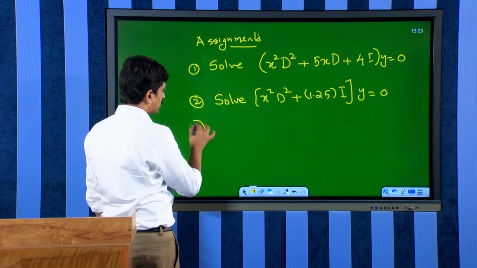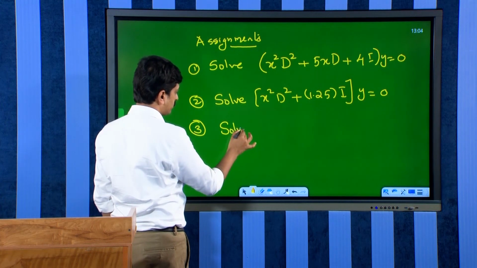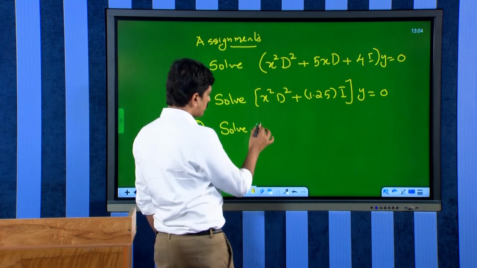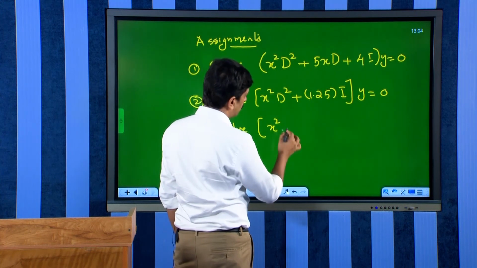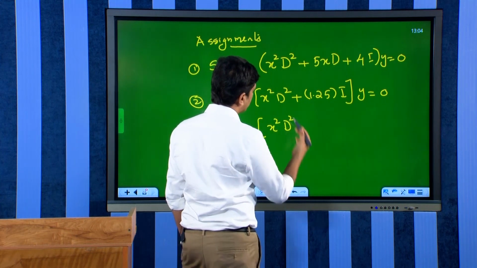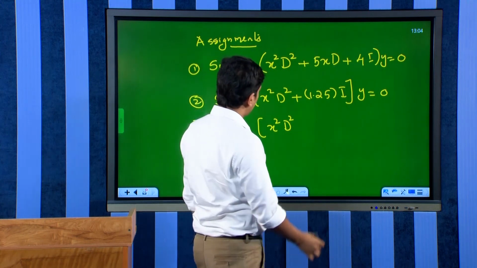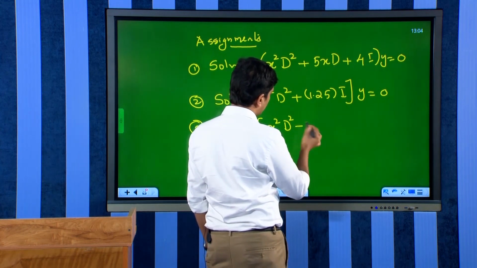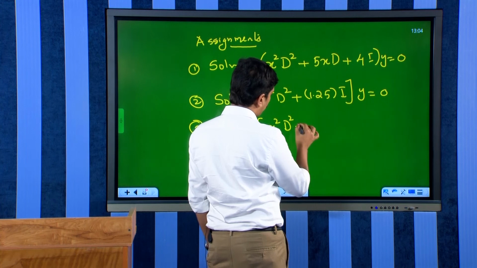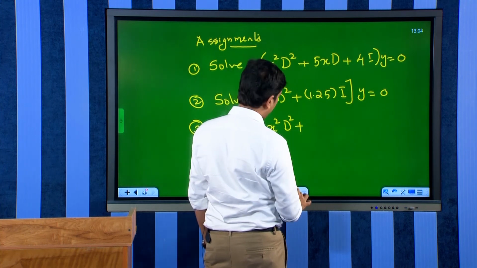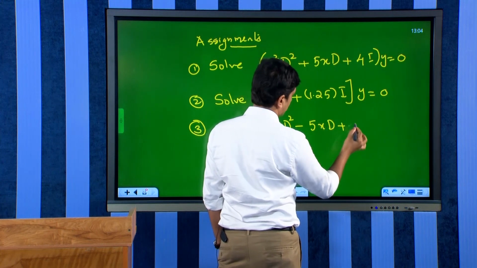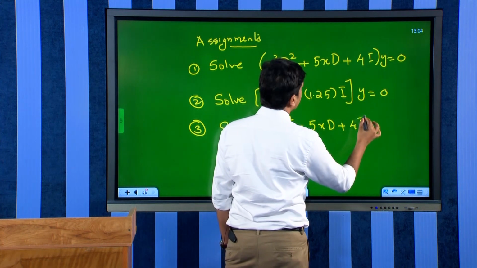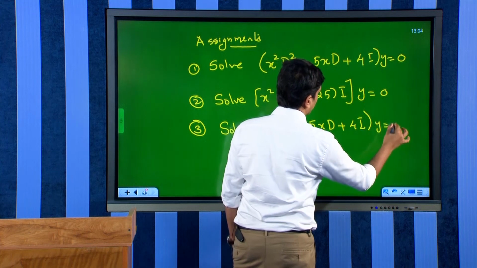One more question: solve x square d square minus 5 x d plus 4 I into y is equal to 0.